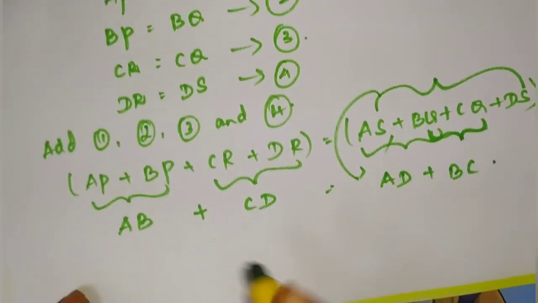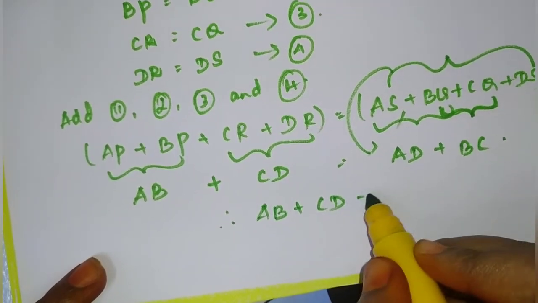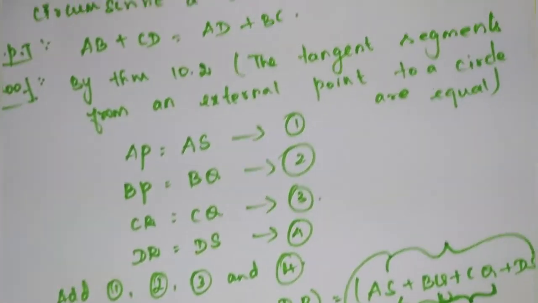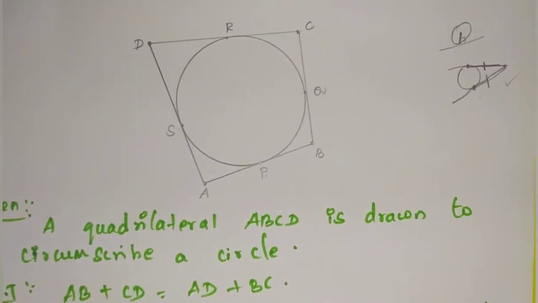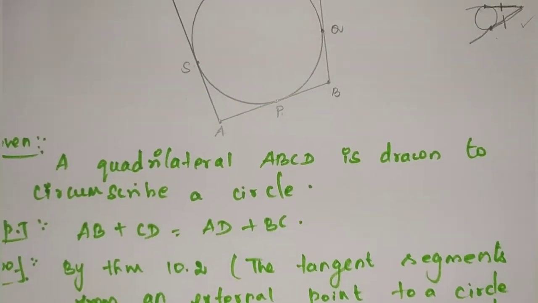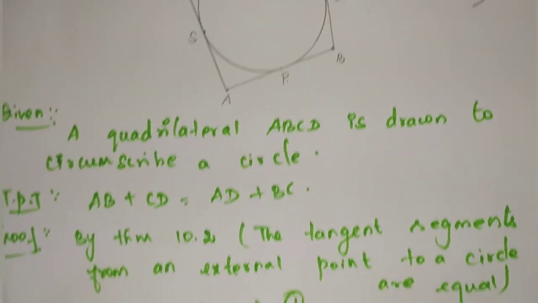Are you all clear, children? Therefore, we proved that AB plus CD is equal to AD plus BC. Clear, children? So for this problem, we used theorem 10.2, that is the equal tangent theorem. Are you all clear, children? Thank you.